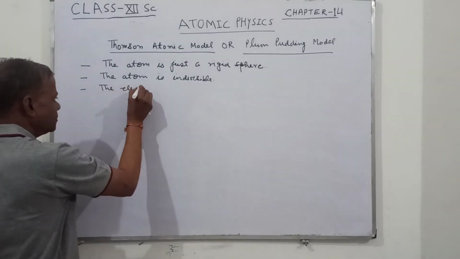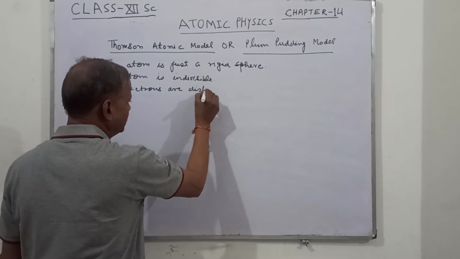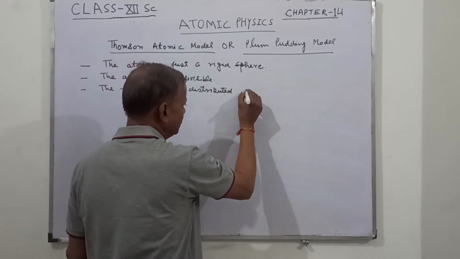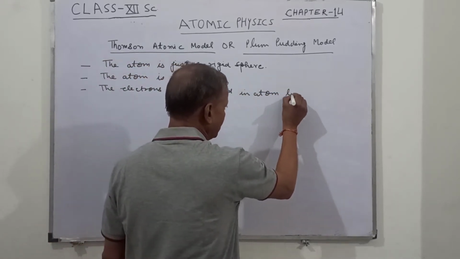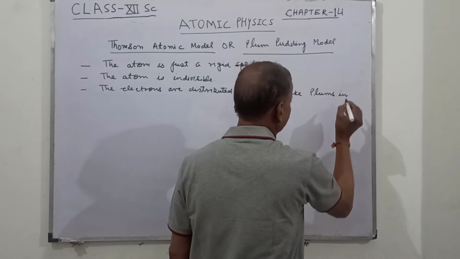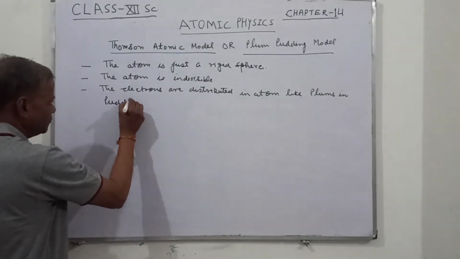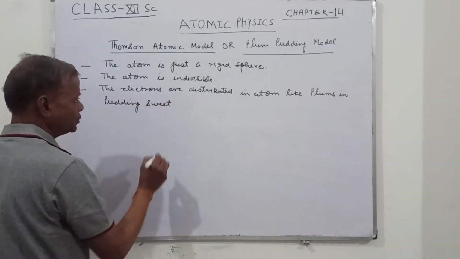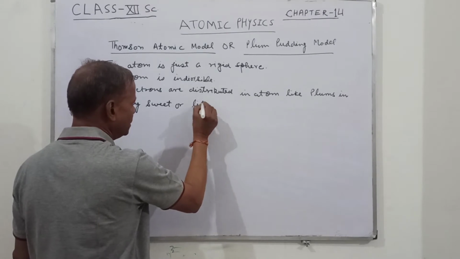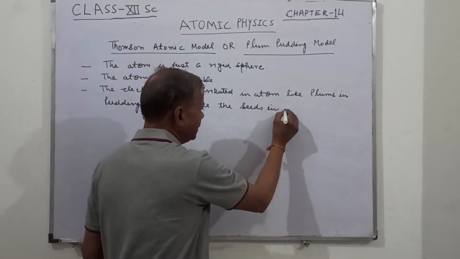The electrons are distributed in the atom like plums in a pudding, or like the seeds in a watermelon.